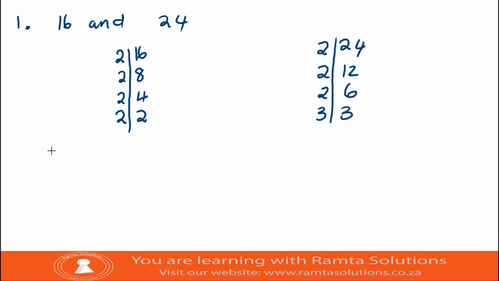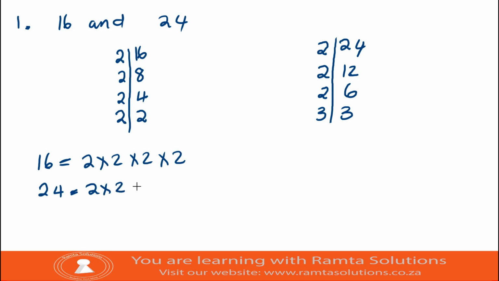So to help us find the highest common factor, let's do this. We have the product of prime factors of 16 would be 2 times 2 times 2 times 2, right? Of 24 would be 2 times 2 times 2 times 3, right? So when we get to this, we must find the factors that are common in both numbers, and also account for how many times they are occurring.